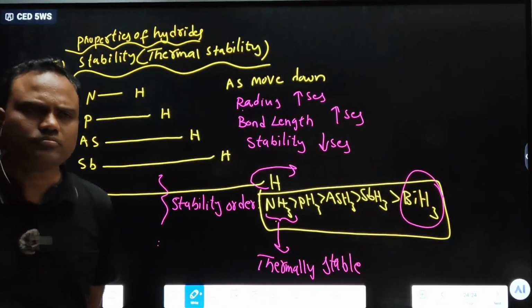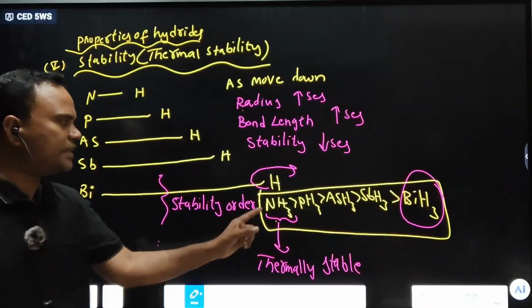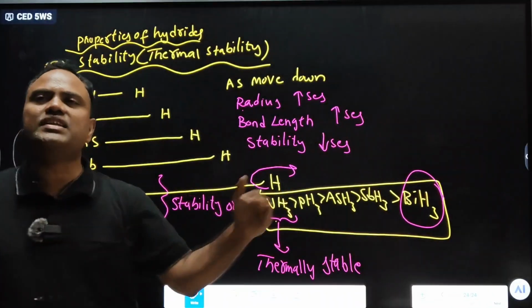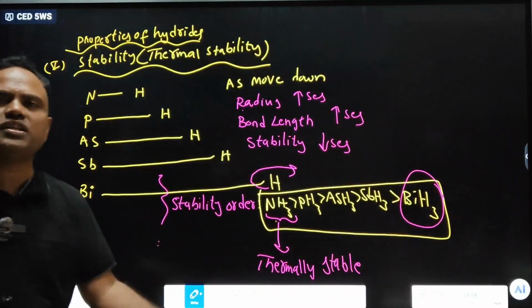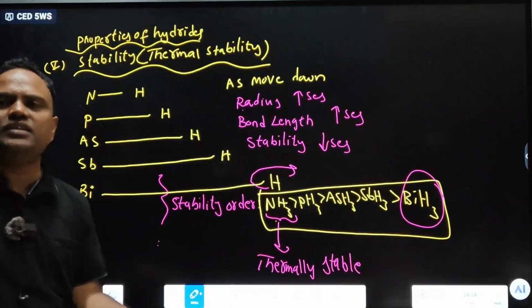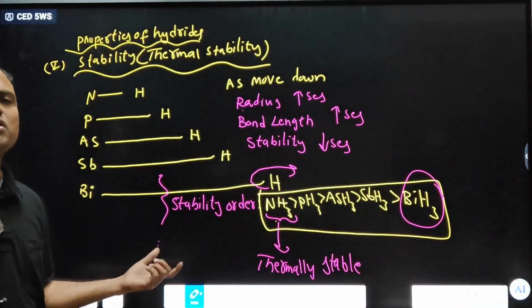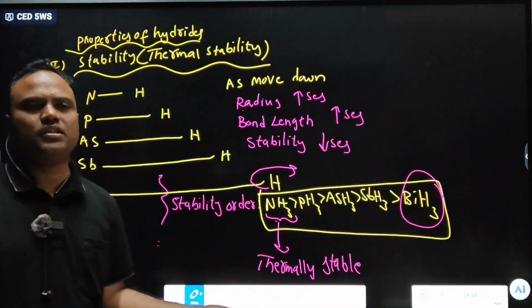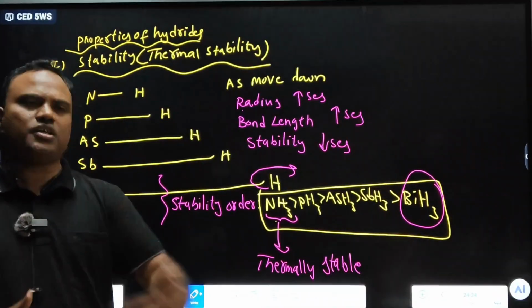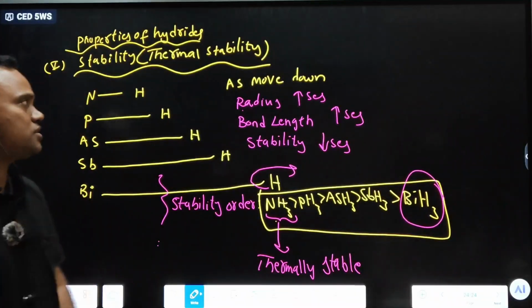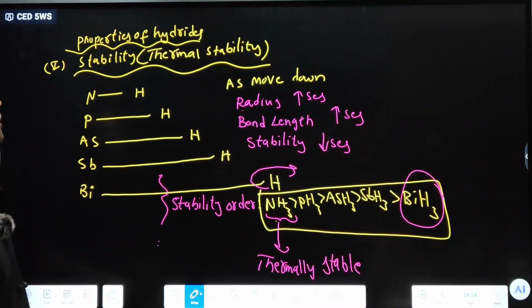Reducing property means the ability of a hydride to release nascent hydrogen, a single hydrogen atom. Why does BiH3 release hydrogen easily? Because of less bond strength or instability. Unstable, so it easily decomposes and easily gives H. Clear?